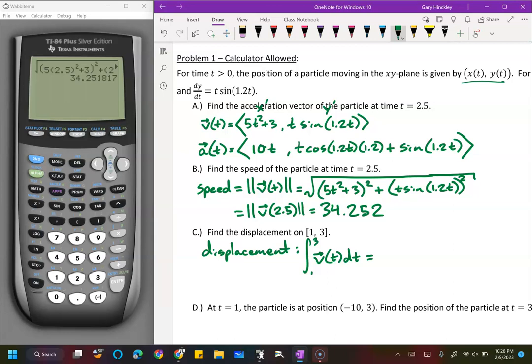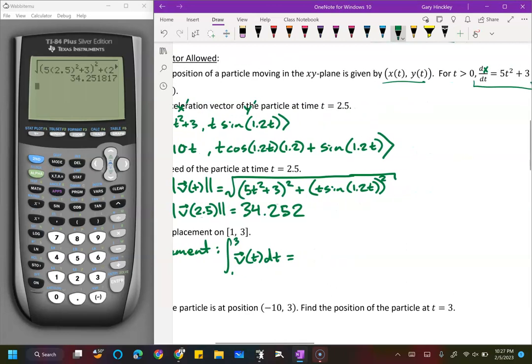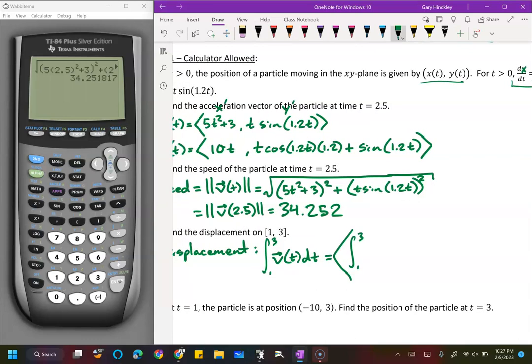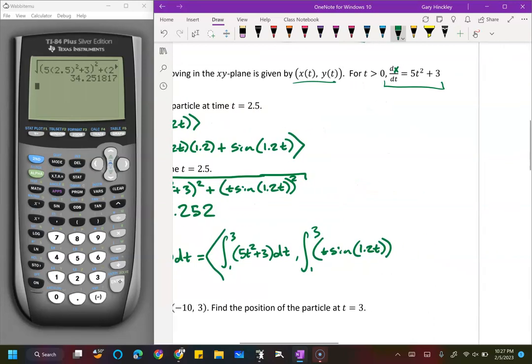So then that would be the integral from 1 to 3 of our derivatives here. So that would be the integral from 1 to 3 of 5t squared plus 3 dt, comma, integral from 1 to 3 of t sine of 1.2t dt, and be able to close that out.